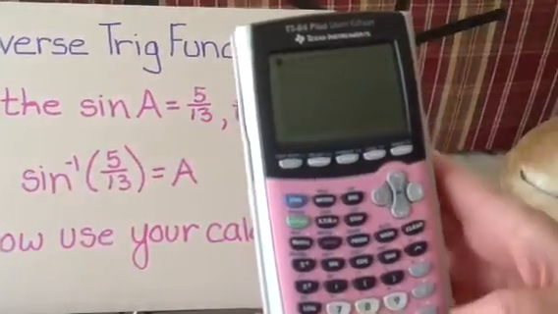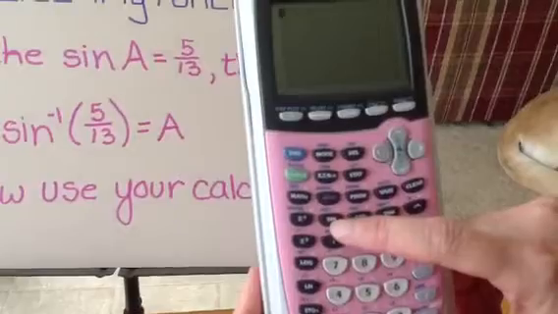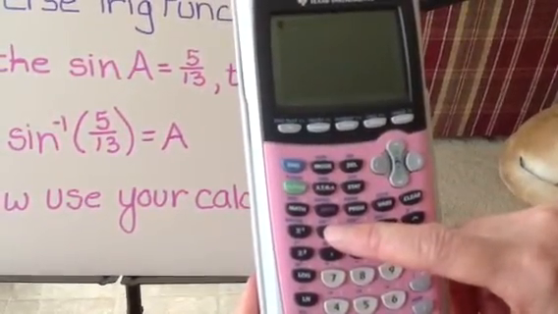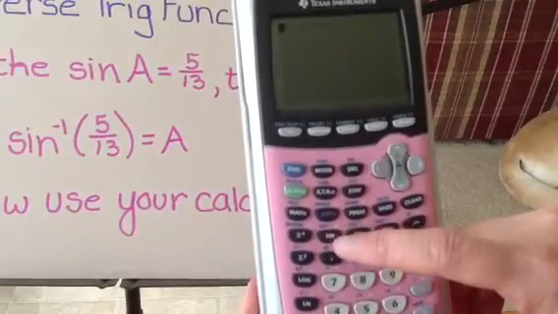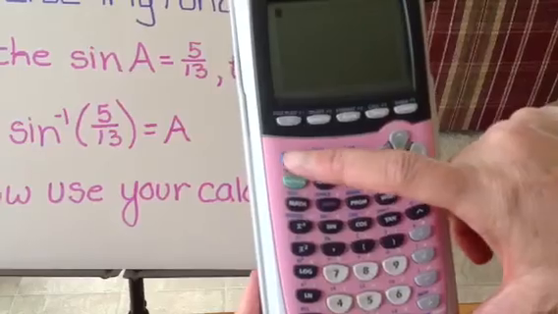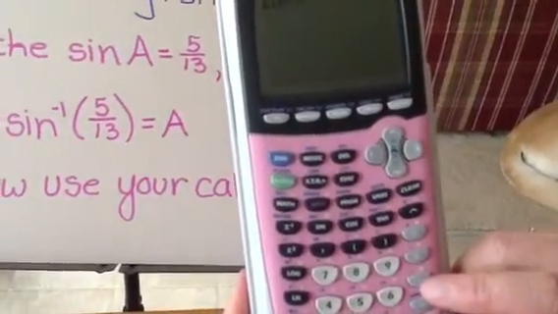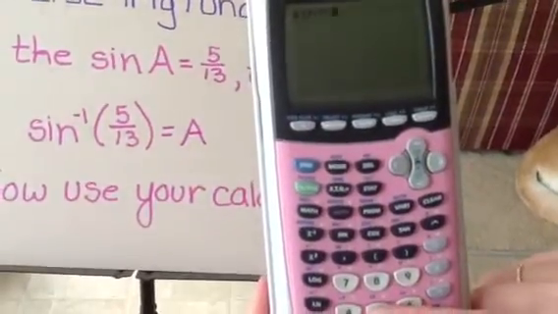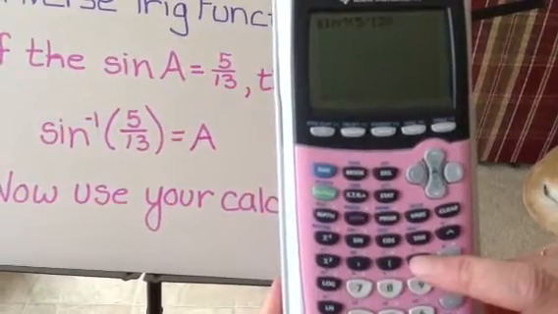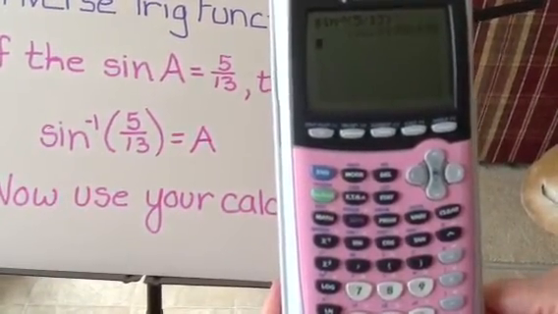So here's our sine button. If I want to use the inverse sine, you'll notice the blue print above the sine button says sine to the negative first. So we'll use our second sine, and we will put in our value of 5 divided by 13, and close the parentheses just for safety, and then hit enter.